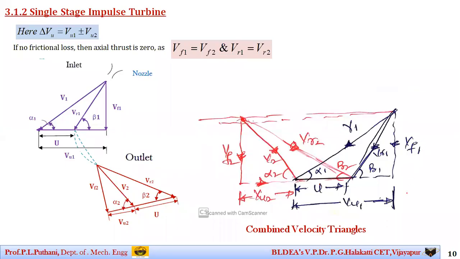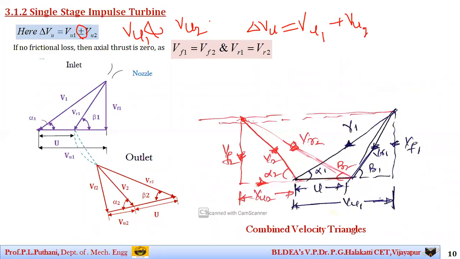For a single stage impulse turbine, we know that the change in the tangential component of speed, delta VU, we can write as VU1 plus or minus VU2. It depends upon the sign. If VU1 and VU2 are in opposite directions, then delta VU is equal to VU1 plus VU2.